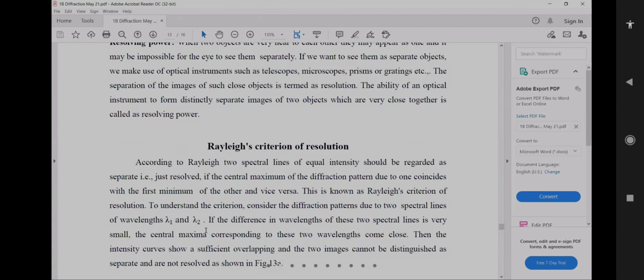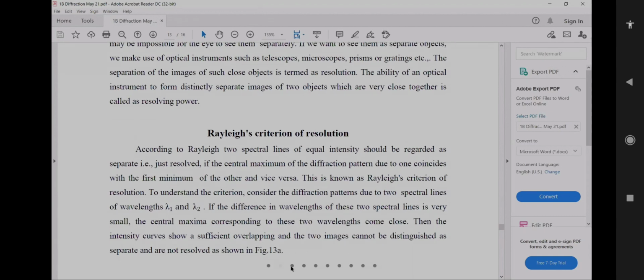If the difference in wavelengths of these two spectral lines is very small, the central maxima corresponding to these two wavelengths come close. Then the intensity curves show a sufficient overlapping, and the two images cannot be distinguished as separate and are not resolved, as shown in the figure.